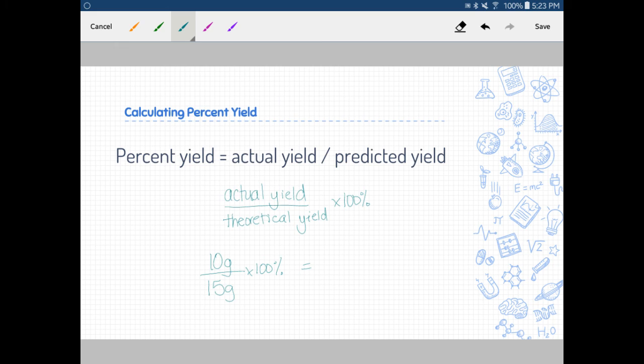When we do that, we get 67%. So this is how much we actually got, or how successful our reaction was, based on our calculations. So we had our actual yield over our theoretical yield times 100% to get our percent yield, what we actually got based on what we thought we would get.